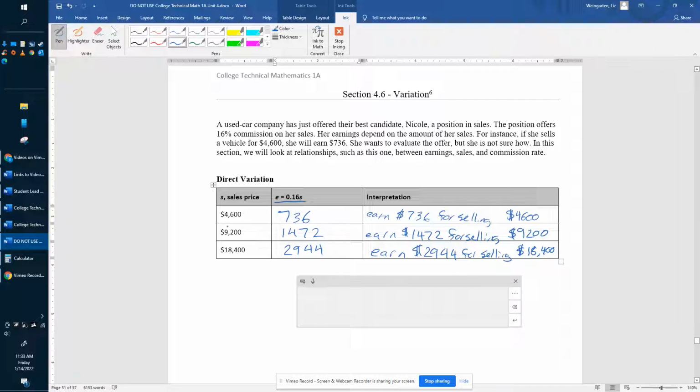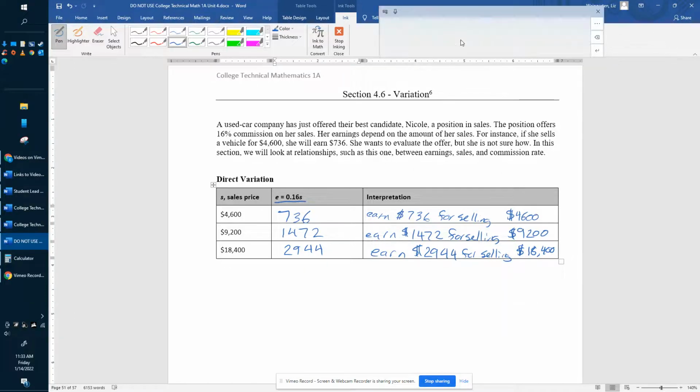So as the sales price increases, her earnings increase. Not only do they increase, but they increase at the same rate. If you compare 4,600 to 9,200, 9,200 is 2 times 4,600. So she also earns 2 times the rate.